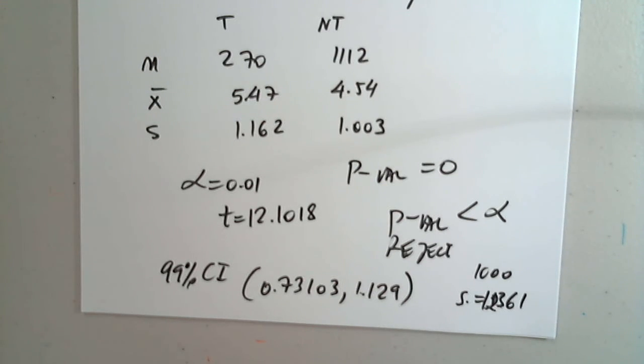So just keep in mind they want you to put 1. And now the p-value, but where is the p-value? I have no idea where the p-value is.